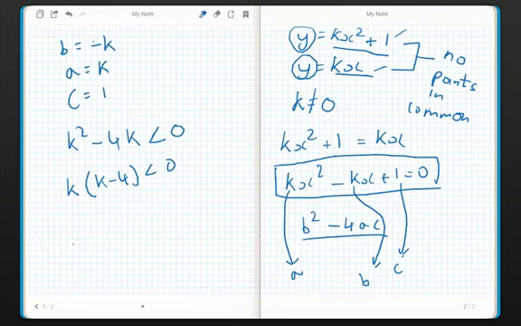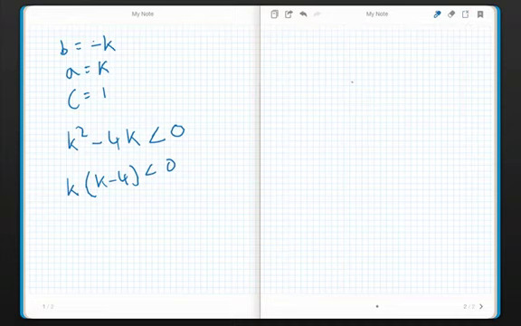So, if we draw a number line here, I'll clear this page. Now, how I approach quadratic inequalities is I always draw a number line. It's a good way to do it. Many people do it some other ways, but this is a good way.